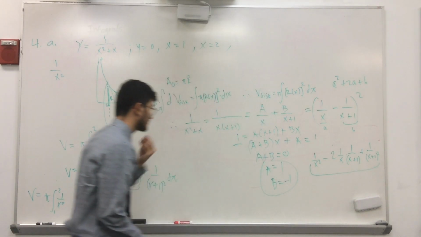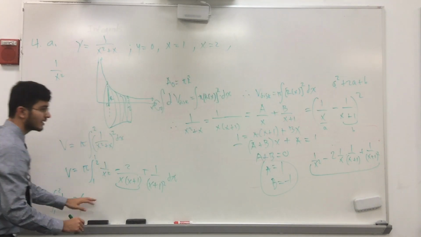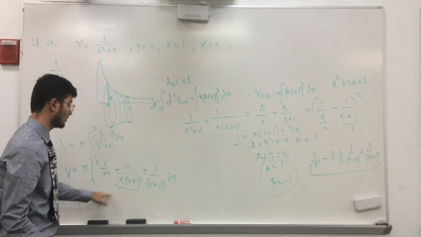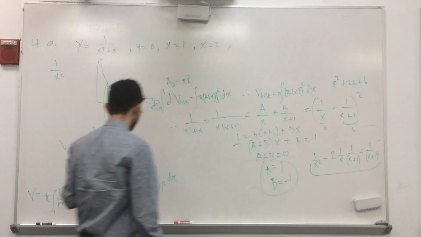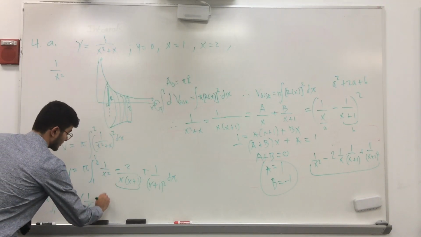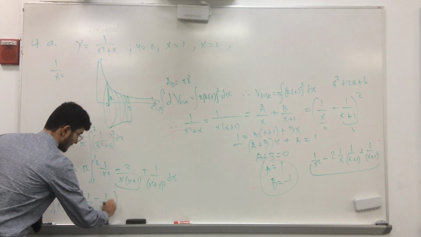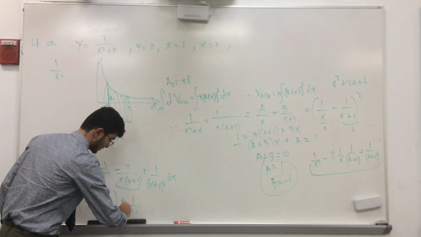So we can rewrite it as minus 2 times the function that we broke into two different fractions, without squaring it, which is 1 over x minus 1 over x plus 1. And then we add 1 over x plus 1 squared.